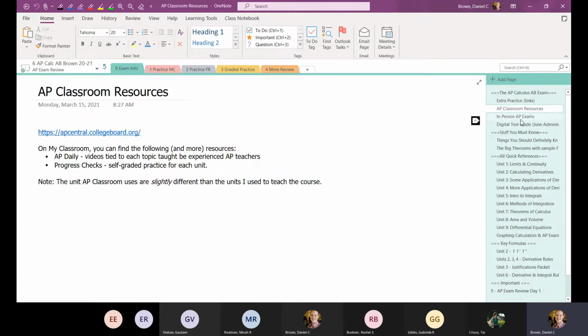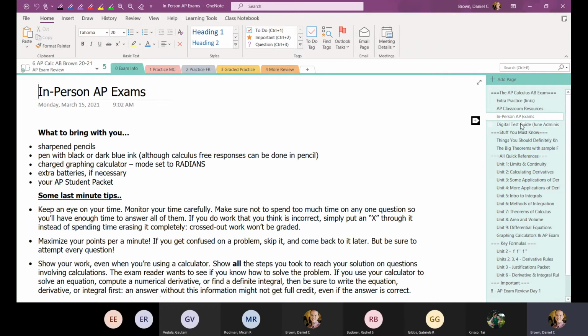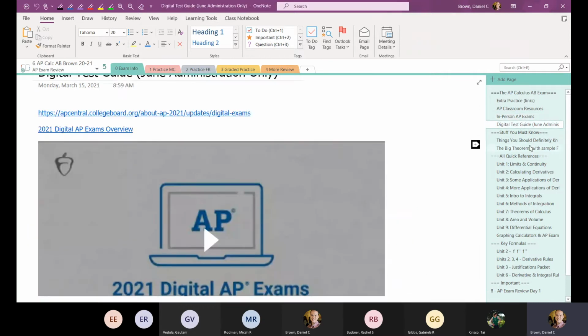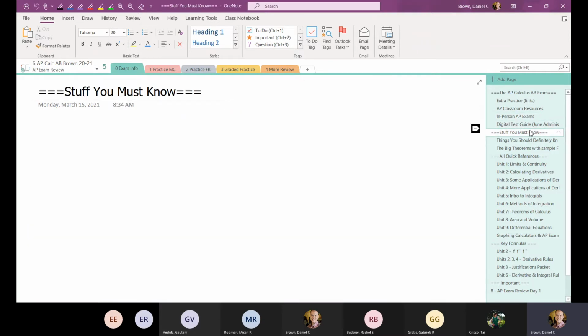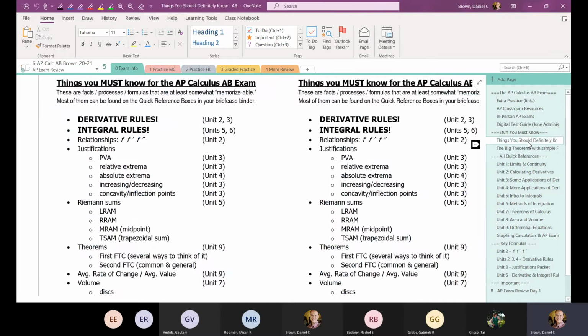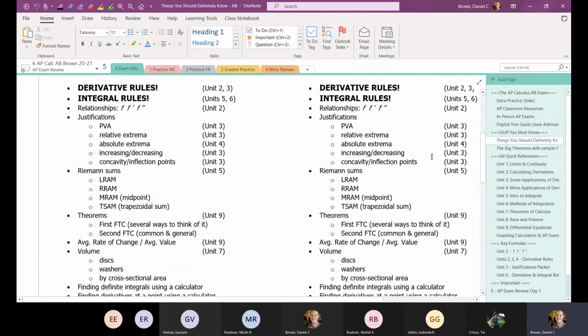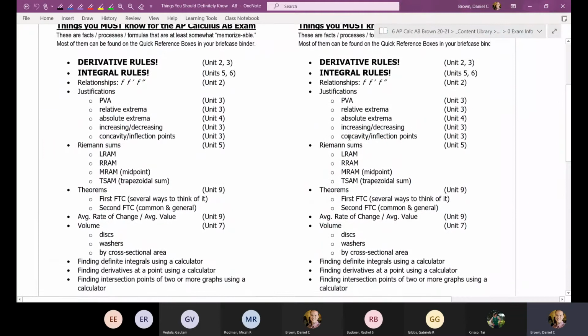Resources on AP Classroom, in person, and the digital hints and tricks. On the stuff you may know tab, I have things that you definitely need to know without thinking too much about. It's like if I just pulled the most important parts of calculus, what must you know? And I think you look at that list and say, okay, that's pretty much what's in calculus.